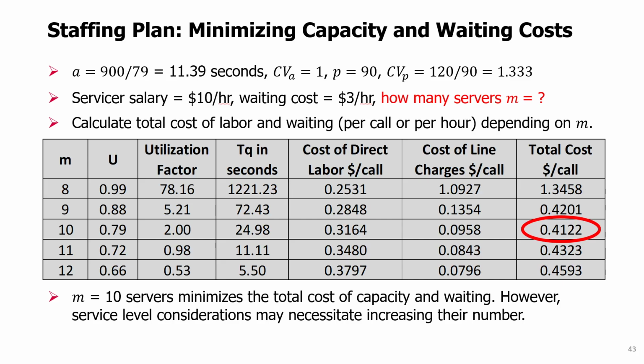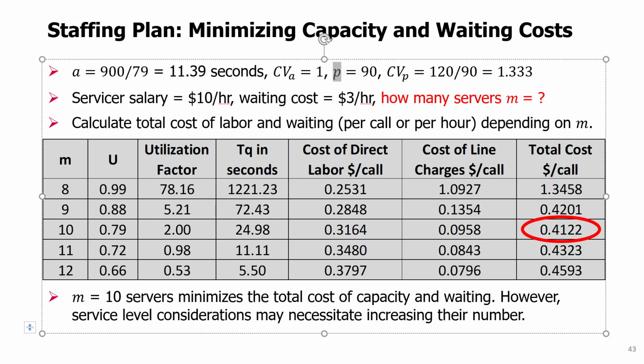Of course, if the average service time is 90 seconds in this example, I will always pay the line charge for 90 seconds. But the cost of waiting, the Tq, is smaller if the waiting time is shorter, so I will have a smaller charge for the time of waiting.